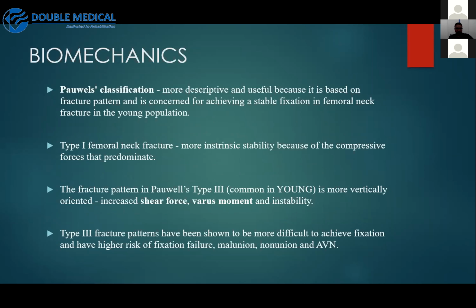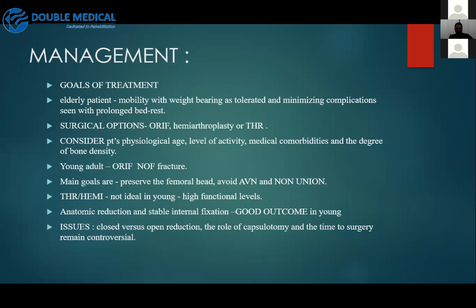Type 1 is relatively stable because of the compressive forces that predominate, valgus impacted. Whereas the fracture pattern in Pauwels type 3 is common in the young, is vertically oriented, and has increased shear force, varus movement, and instability. So it is more difficult to achieve fracture fixation in a type 3, with higher risk for fixation failure, malunion, non-union, and lastly AVN.